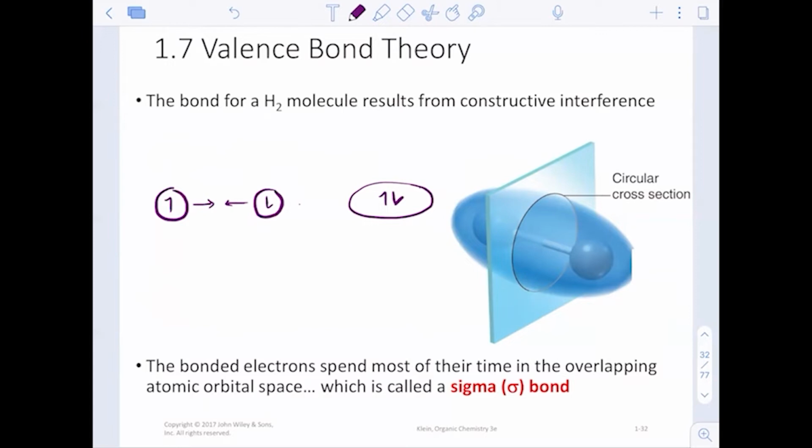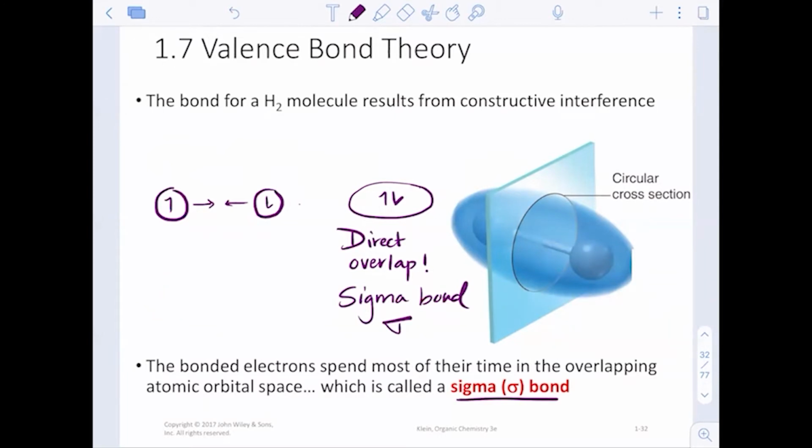Direct overlap was the key word. And that is what we called a sigma bond. We abbreviated it with sigma as well.